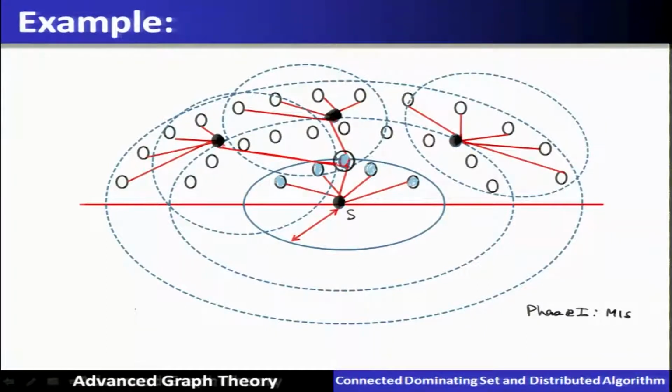Since this is the node which has the maximum number of black neighbors, in phase 2, through the Steiner tree, this will become black.